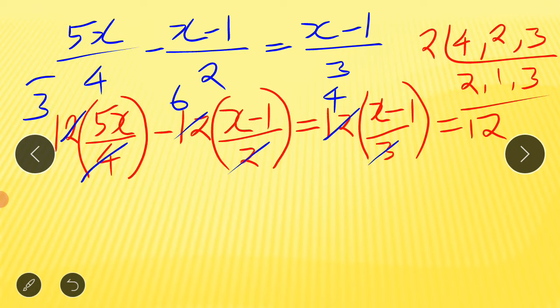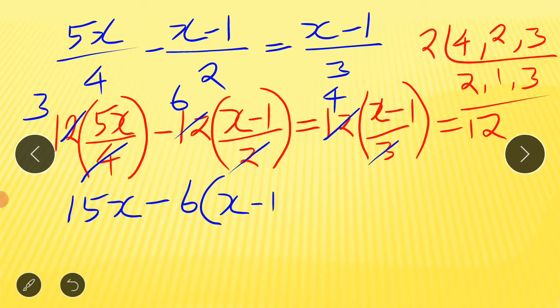So now let's multiply 3 into 5x: 15x. Then here minus, then here 6, because here it is x − 1, 2 terms. So let's write minus 6 into (x − 1), because there are 2 terms, equal to 4 into (x − 1).